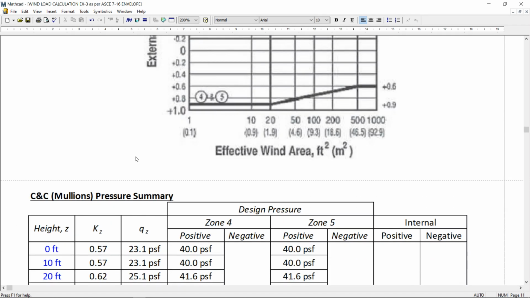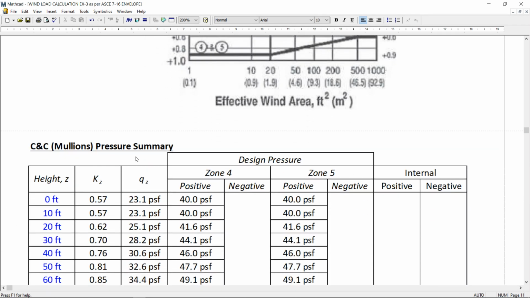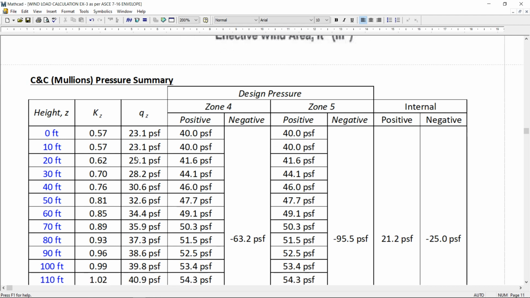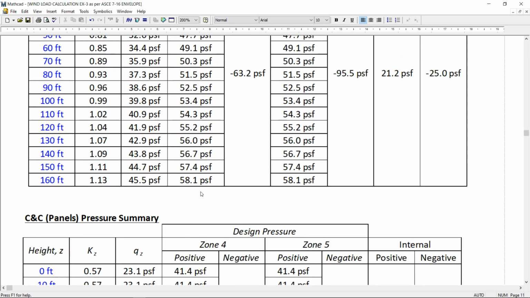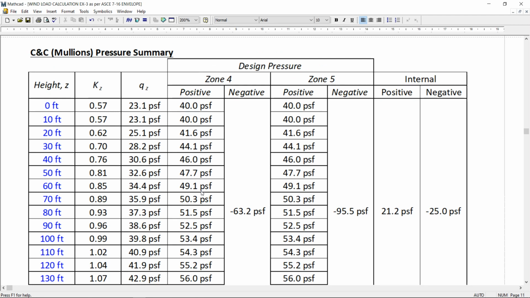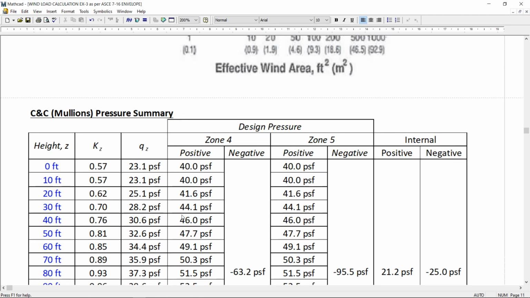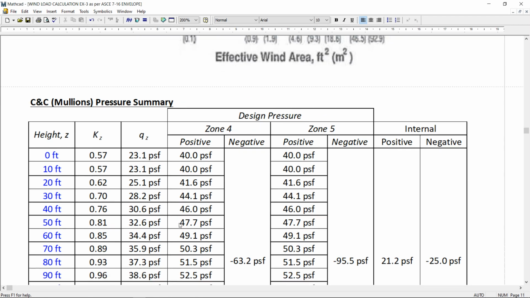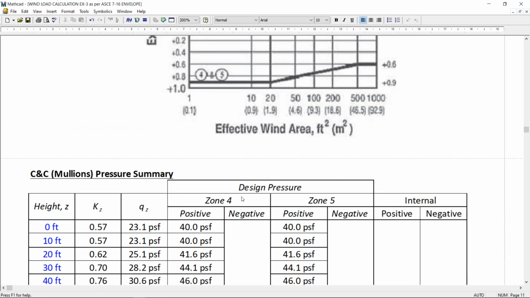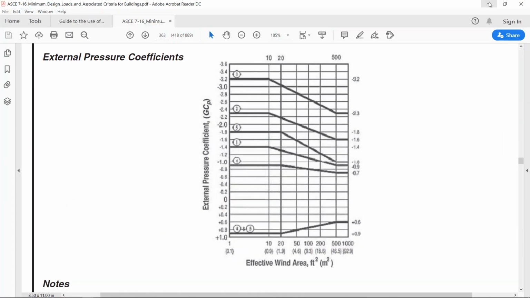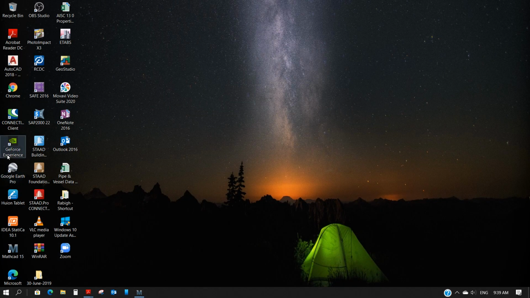So based on that, I did all this exercise and calculated the coefficients from here. Let me show you the calculation.